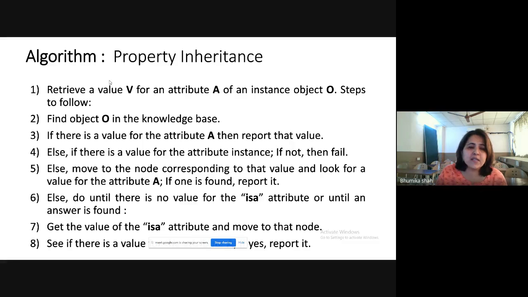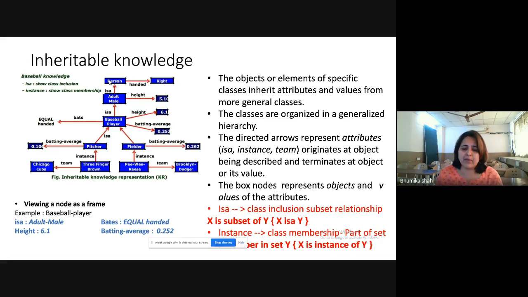Now, before discussing this algorithm, let me show you certain examples. Focus on this diagram, everyone. If I ask you what is the value of the team attribute for the Three-Finger Brown object, what will be your answer? Can anyone reply, unmuting?